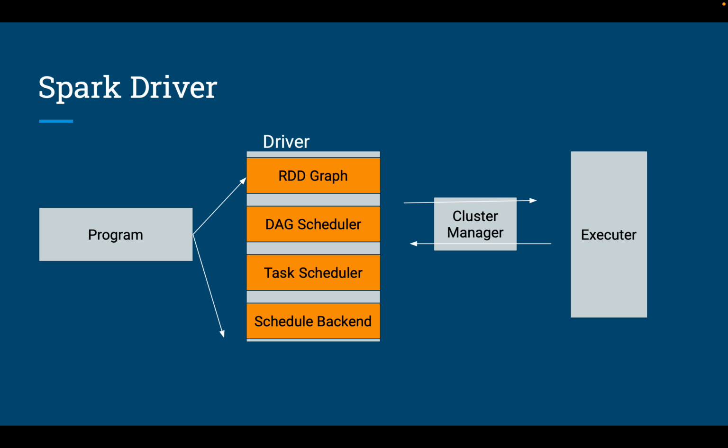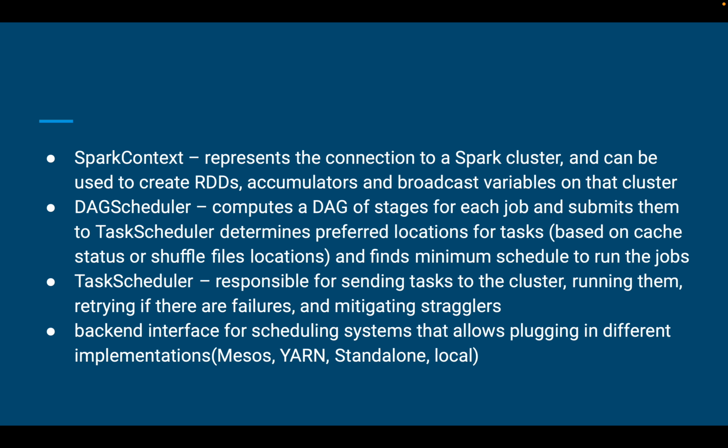And the scheduler backend is mainly used to communicate with the cluster managers for resource allocation. So that is how the Spark driver works. These are the points we discussed: Spark context, DAG scheduler, task scheduler, and the backend interface. I will be sharing this document with you.